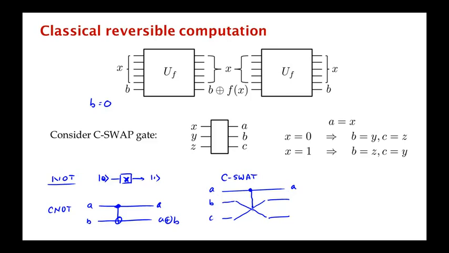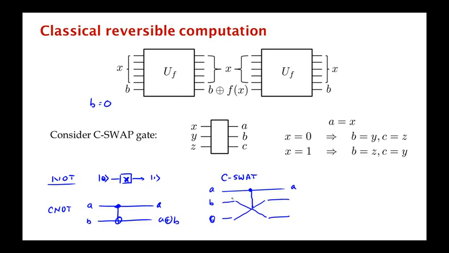So why should this allow us to compute the AND of 2 bits? Imagine that we have C equal to 0. So now what's this output going to be? Well, if A is 0, then the output is 0.